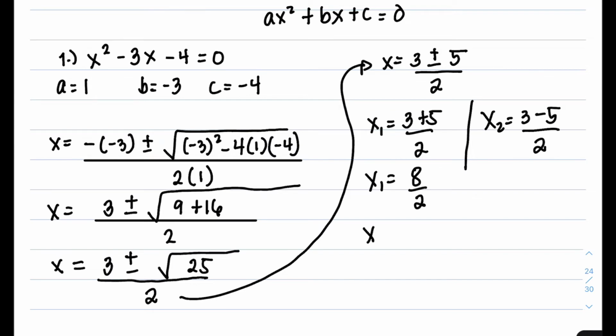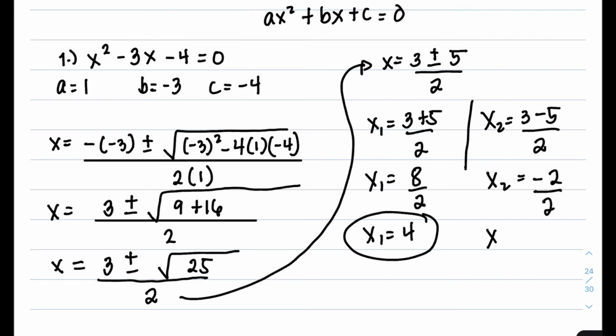So, x sub 1 is equal to 4. And x sub 2, that is 3 minus 5, we have negative 2, then divided by 2, so x sub 2 is negative 1. So, the roots of our quadratic equation are 4 and negative 1.